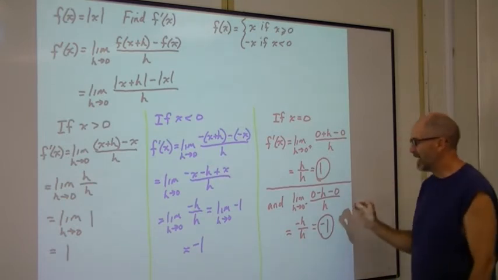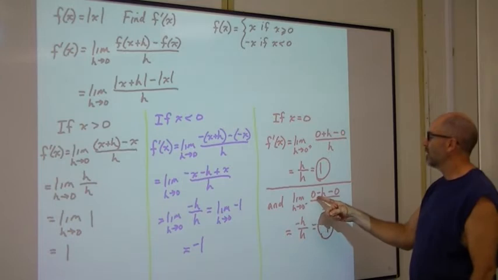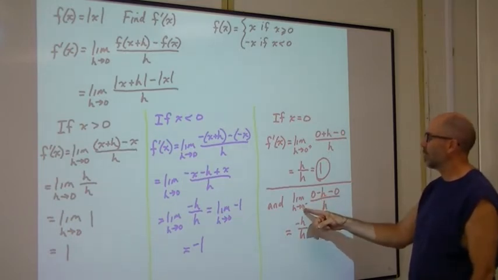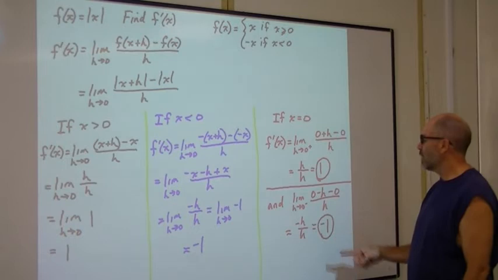Now the left-hand limit is going to be 0 minus h, because we're on the left side, so h is negative, minus the x equals 0, all over h. Well, this becomes negative h over h, which is negative 1.